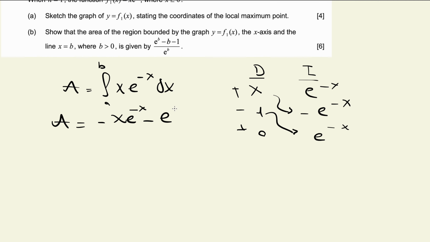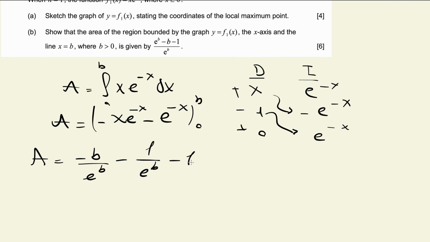I'm not sure though. Alright, so negative x e to the power of negative x, minus e to the power of negative x, from b to 0. Now if you substitute in the values, negative b over e to the power of b minus 1 over e to the power of b, and then we have e to the power of 0 as well, so this will become 1 when you substitute in 0, so plus 1.